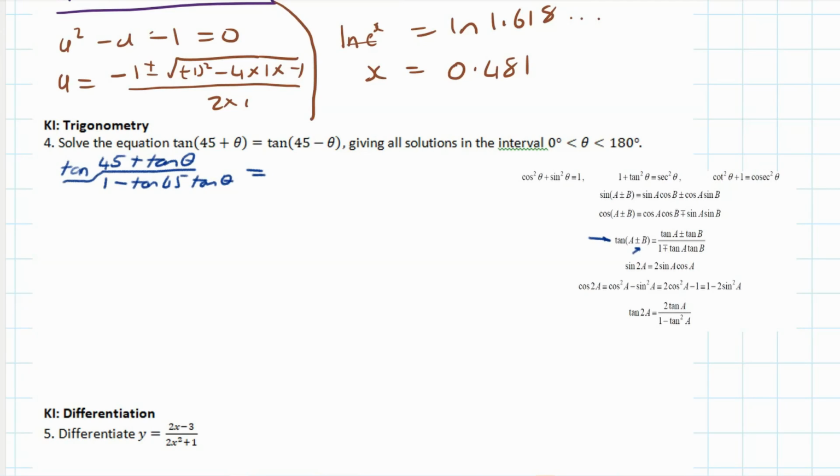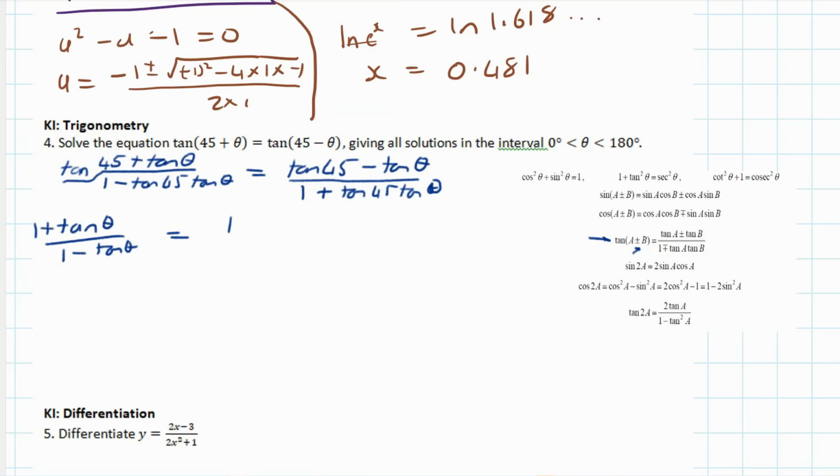Tan 45 minus tan theta all over 1 plus tan 45 tan theta. Okay, that's a theta, by the way. Tan 45 we know to be 1, so that makes our next line rather easier. Tan theta over 1 minus tan theta equals 1, oh, we should have 1 plus tan theta there, sorry.